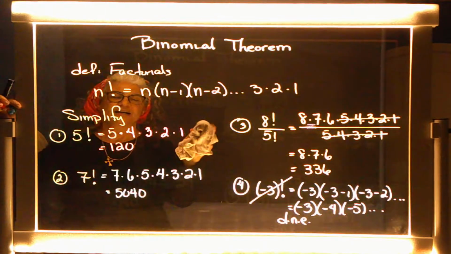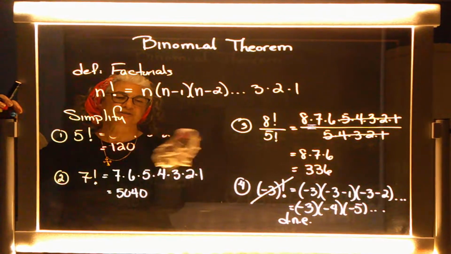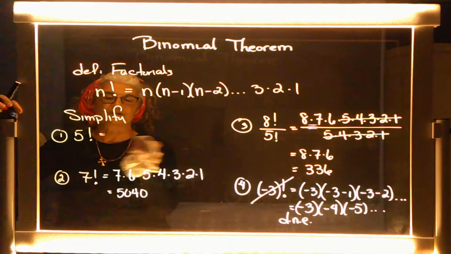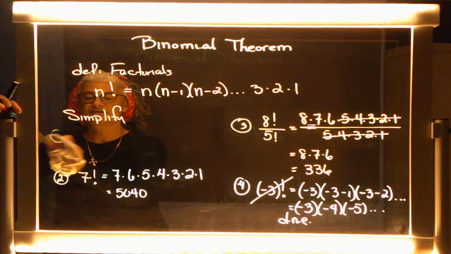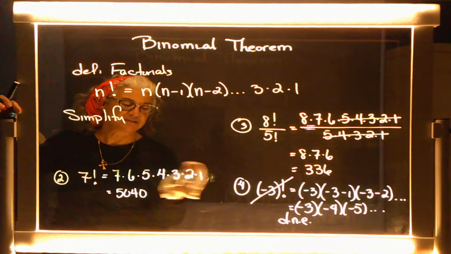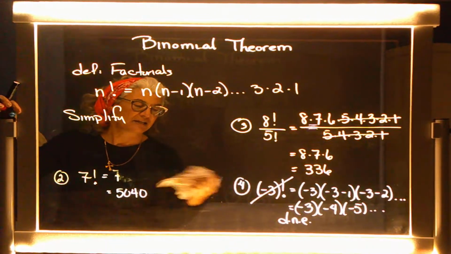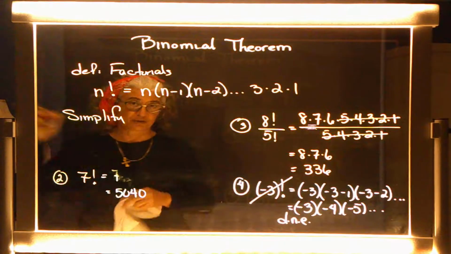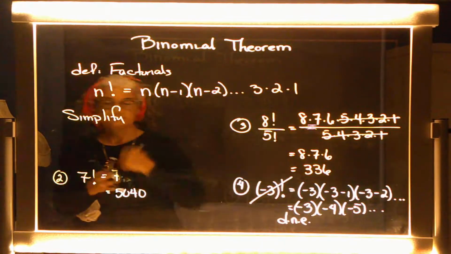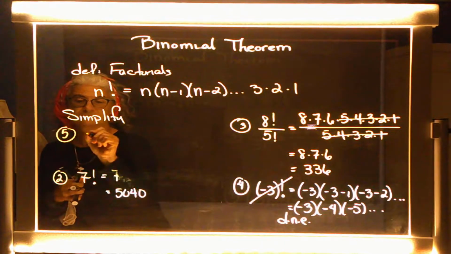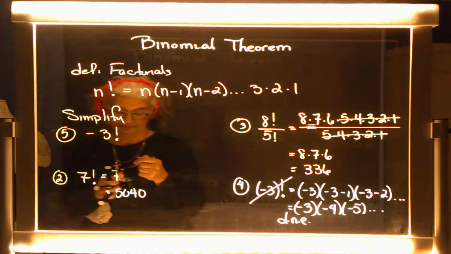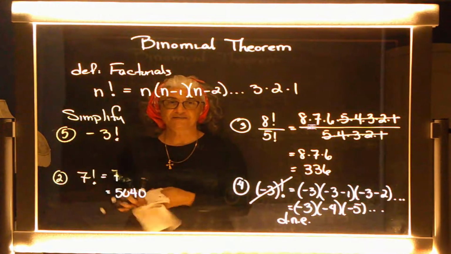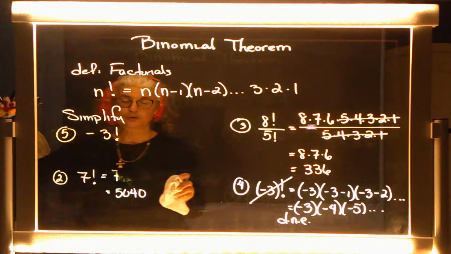Wait a minute. I got something else I want you to notice. So I cannot take the factorial of a negative number, can I? But what happens if they wrote it this way? Number 5 here. What am I taking the factorial of?